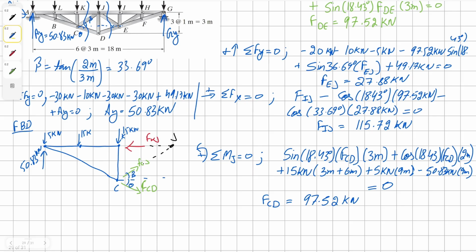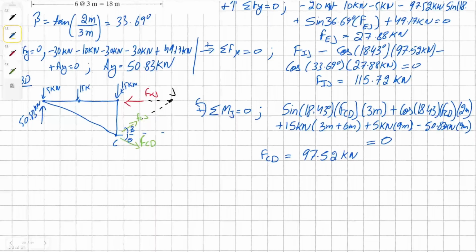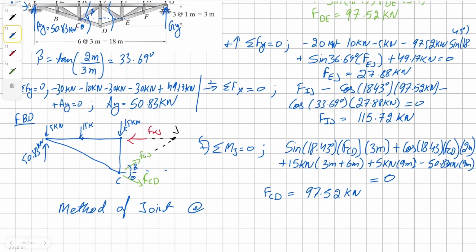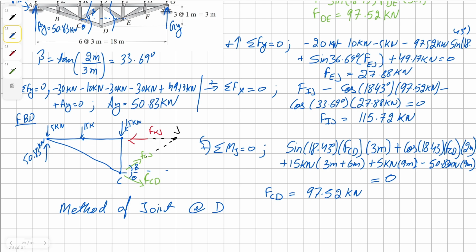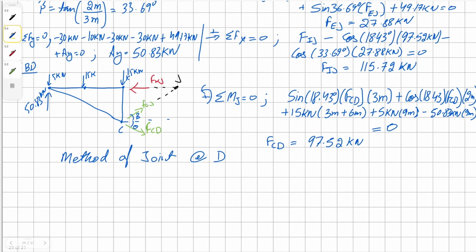Looks like the textbook assumption that both sides of the member JD have symmetrical forces is correct. Therefore, now we can simply use the method of joints at joint D to find our solution for member JD.